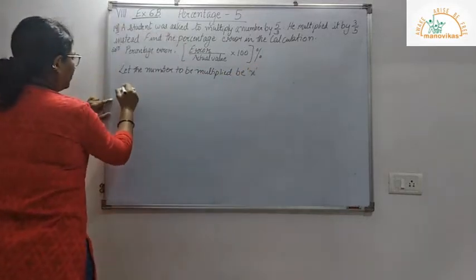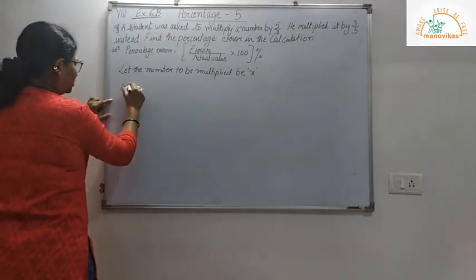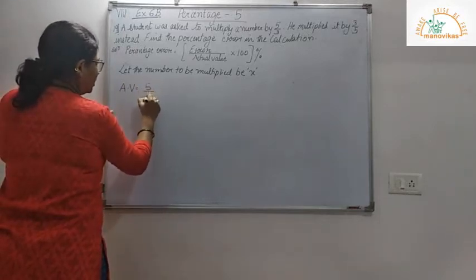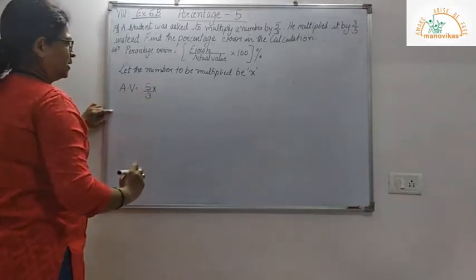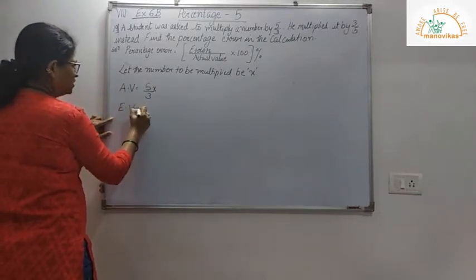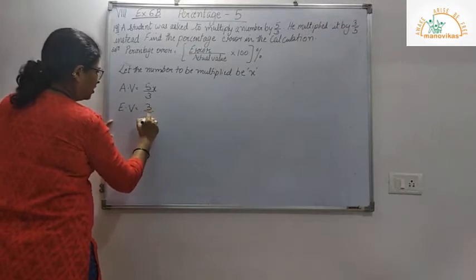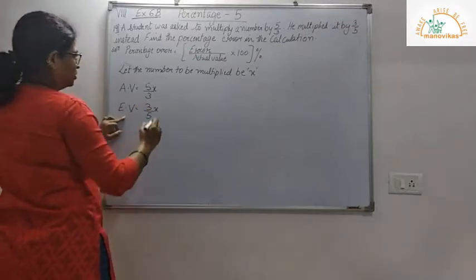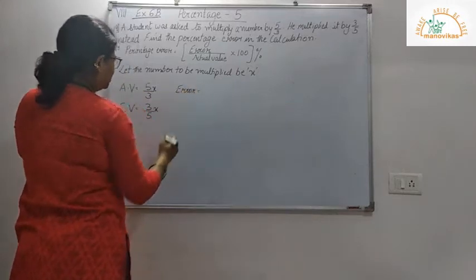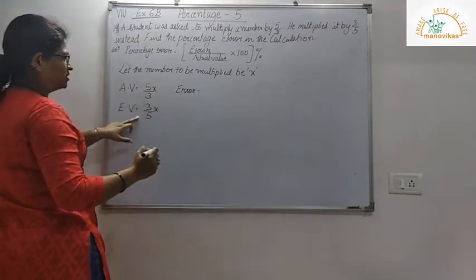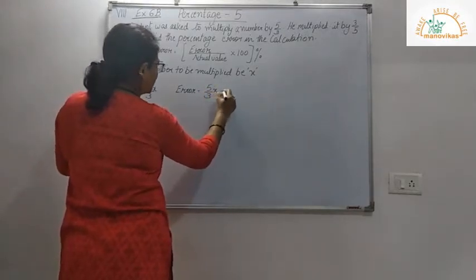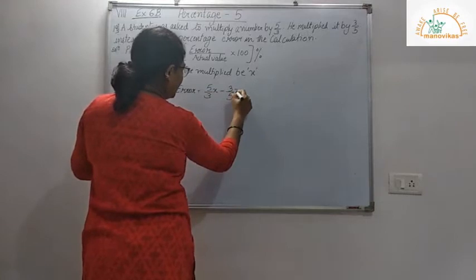So here my actual value is equal to 5 upon 3 into x. My error value is equal to 3 upon 5 x. So error is equal to actual value minus the error value, that is 5 upon 3 x minus 3 upon 5 x.